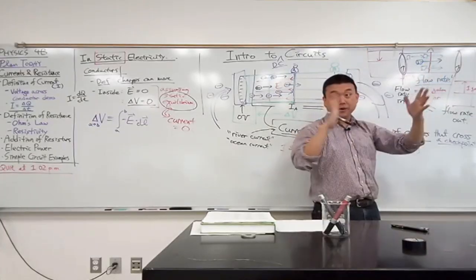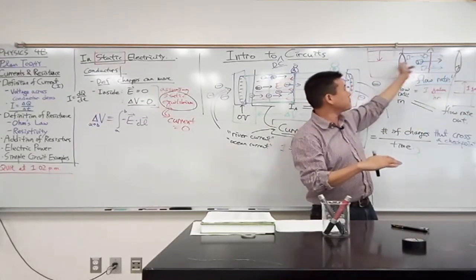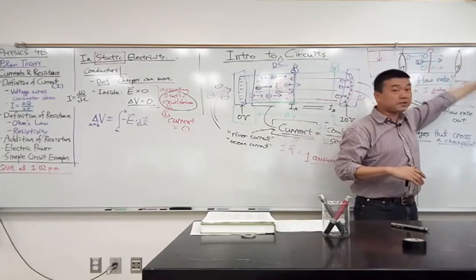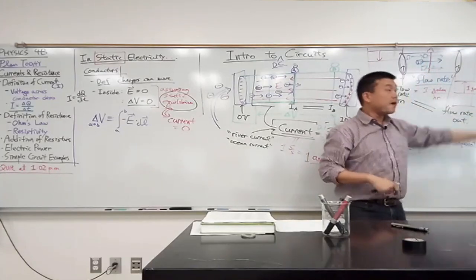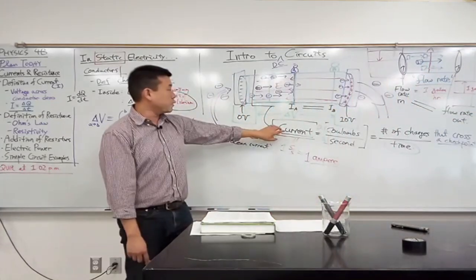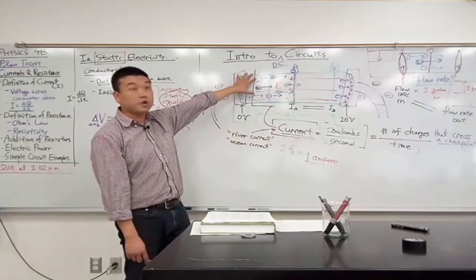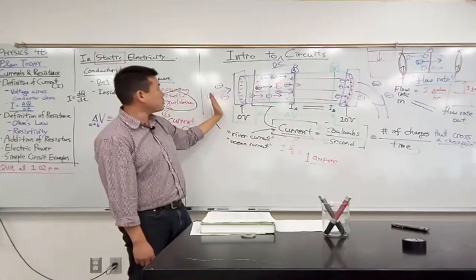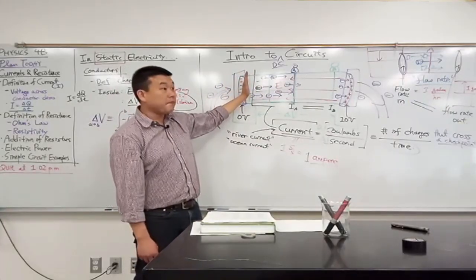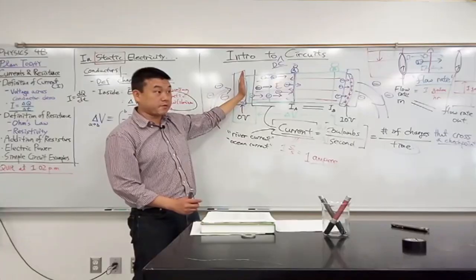Because it's so hard to compress them, whatever comes in has to mean something gets pushed out by the same amount. And it's the exact same thing with the current, exact same thing with the charges. However many charges are coming in at one end, it turns out charges are super hard to compress.